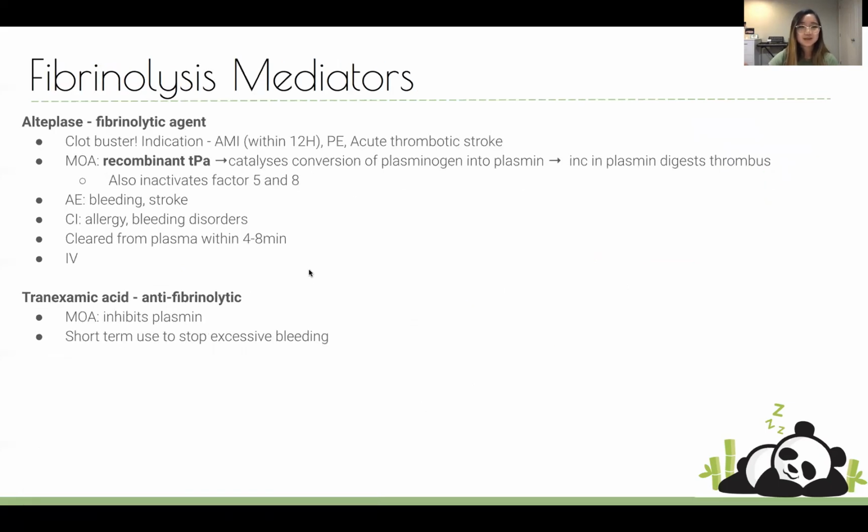These are some mediators. So these are drugs. Alteplase is your clot buster. So with an acute myocardial infarction, if that's within 12 hours, you can use Alteplase. And the way this works is it's just a recombinant TPA.